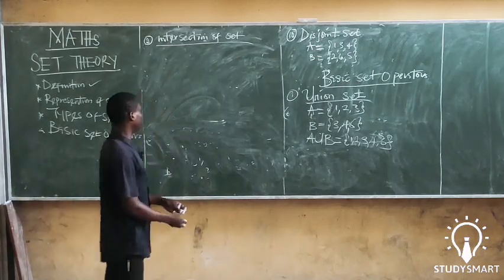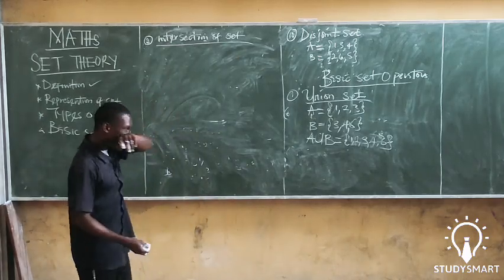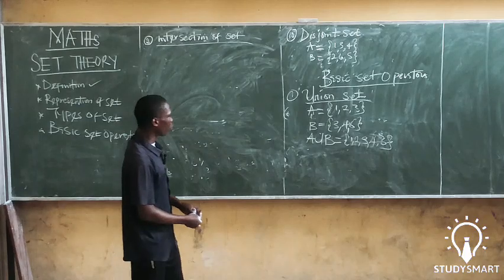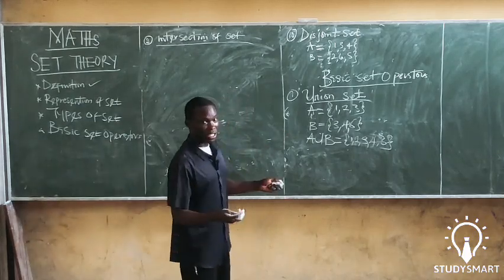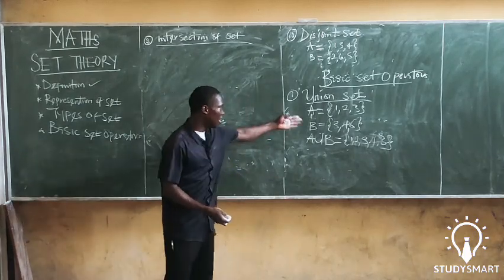So the intersection of sets is the set which involves the elements that are common between set A and set B.